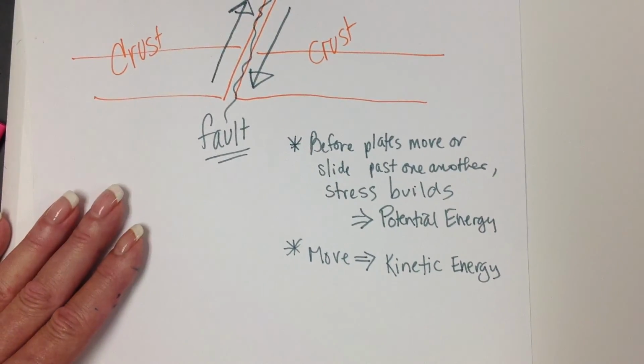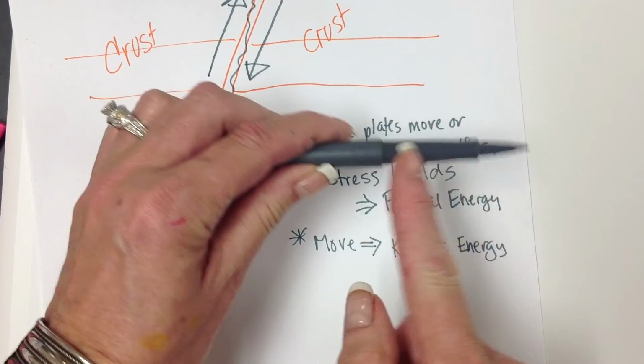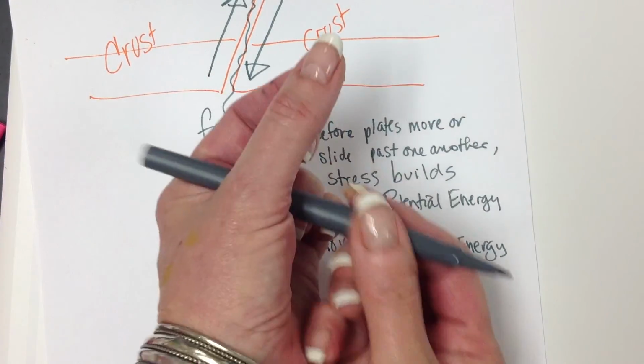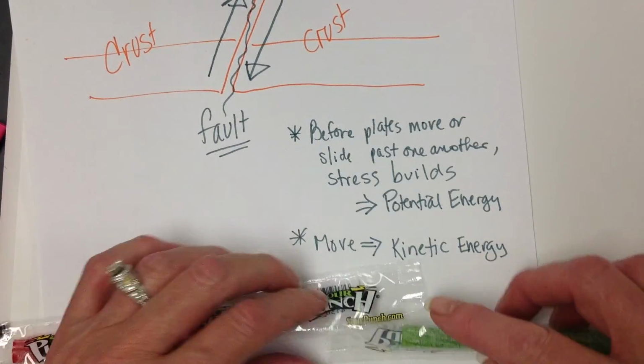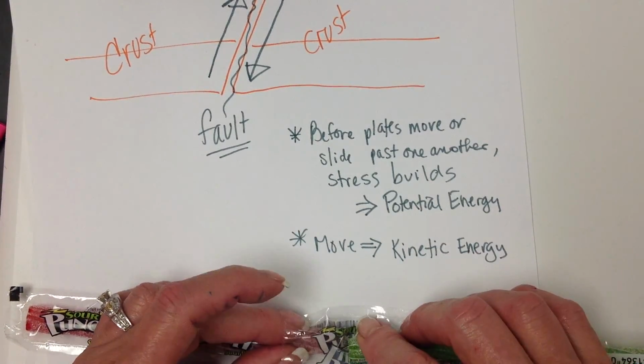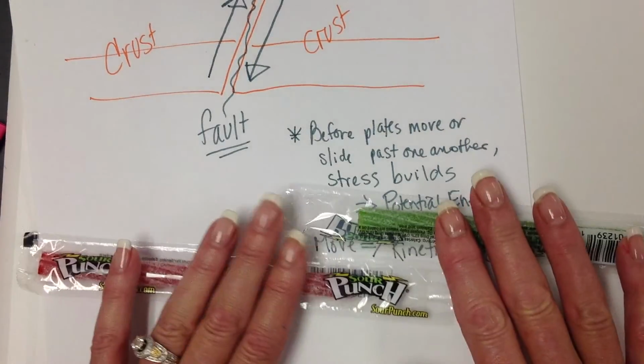And because they're sliding past each other, just think of it, if I had a crack right here and I can actually move these two, they're going to shift and change the whole top, right? If these are the two plates and then they move past each other, now the whole room has changed. Everything's changed.